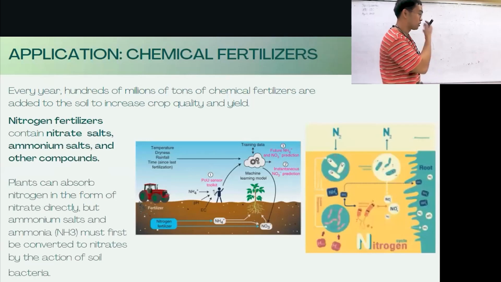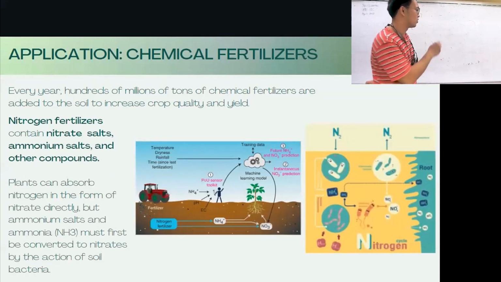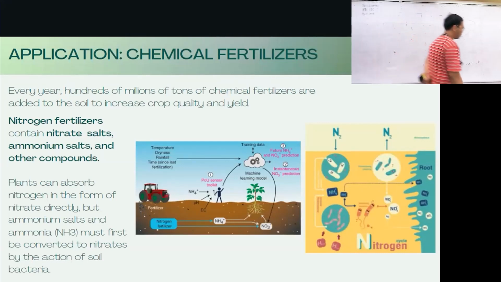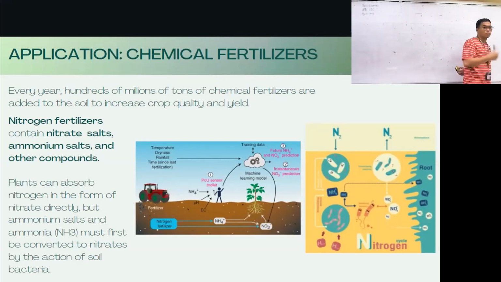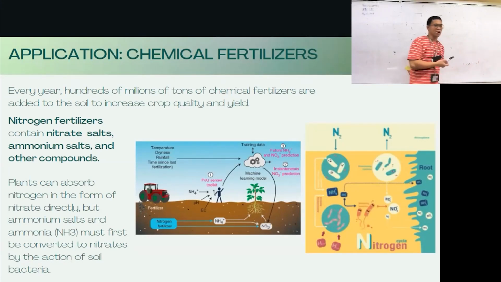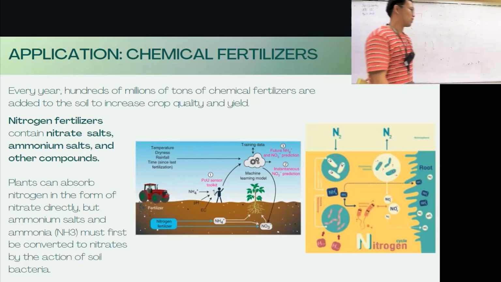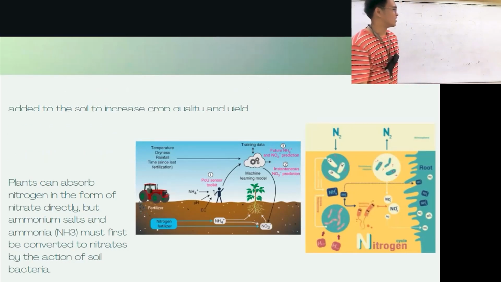Nitrogen fertilizers contain nitrate salts, ammonium salts, and other compounds. Syempre, yung plants natin, they absorb nitrogen from the nitrates. But the ammonium salts must first be converted to nitrates by the action of soil bacteria. Binasa ko lang actually.